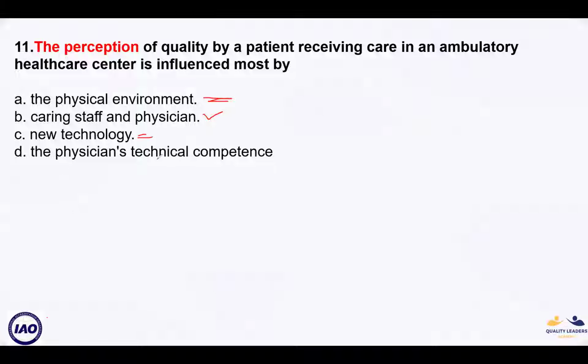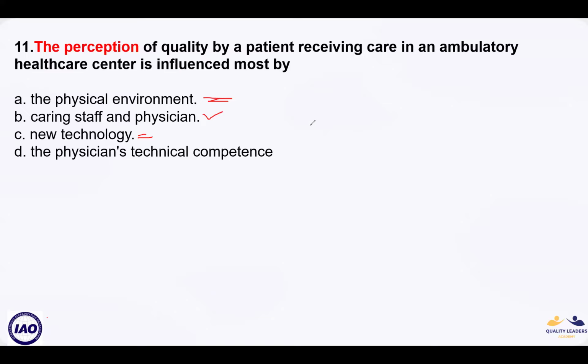Coming to option D, the physician's technical competence. See, patients cannot judge the technical competence of a physician. This is more of an appreciative quality, wherein the peer physicians can only judge the fellow physician's technical competence and not the patients.